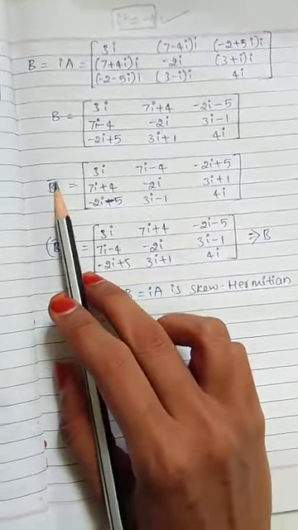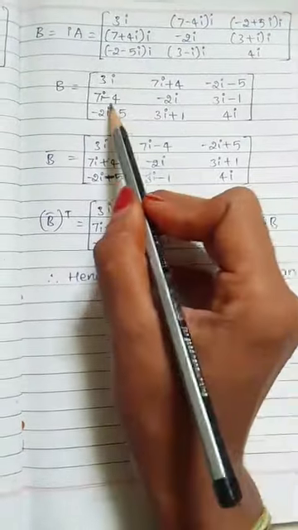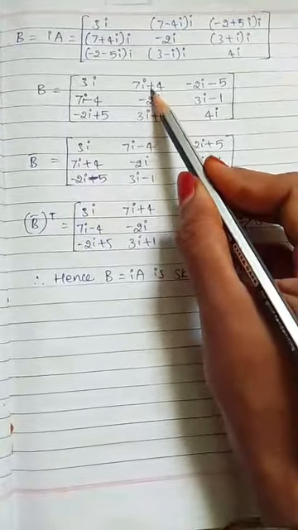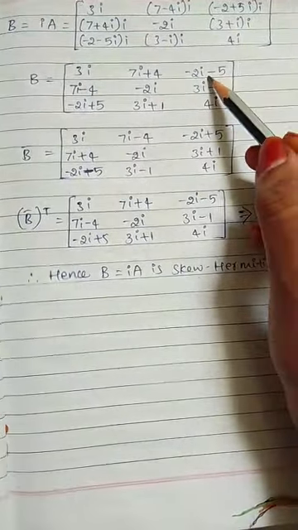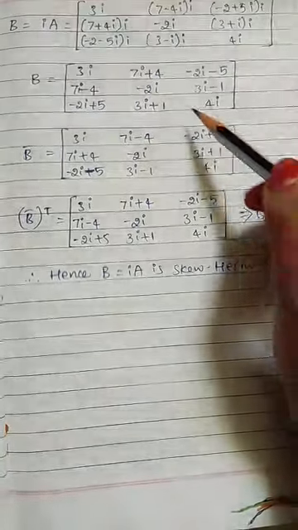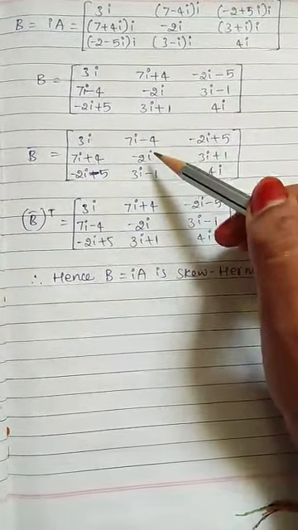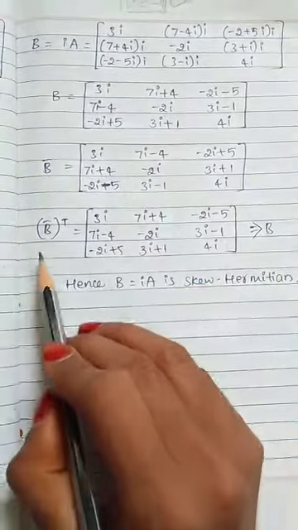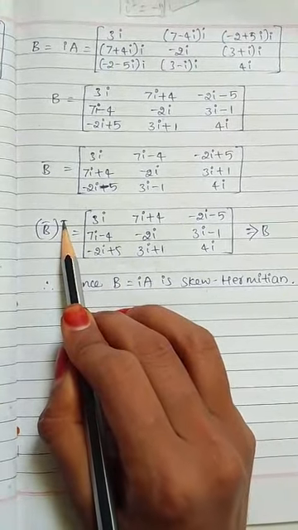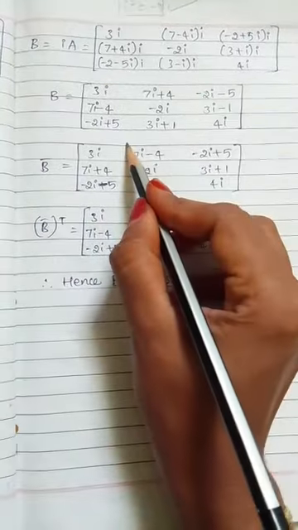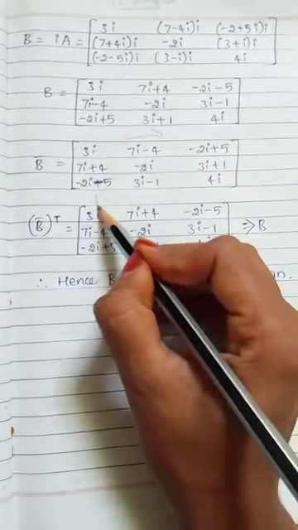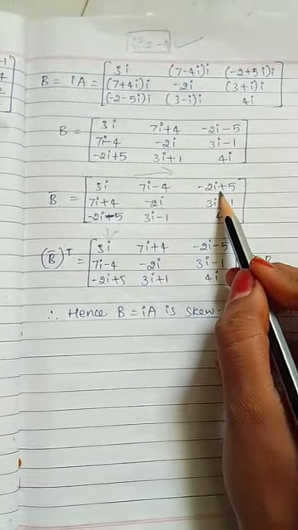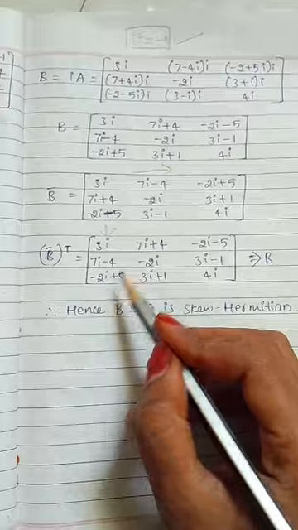Then B bar, I told you, we just have to change the signs here. 3i I have, take it as it is. Just changing plus to minus, minus to plus. Then B conjugate transpose: I told you how to change the row to column. 3i, 7i minus 4, and 2i, minus 2i plus 5.